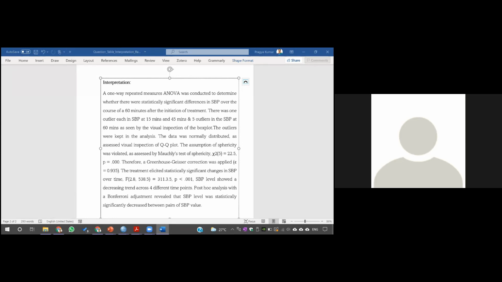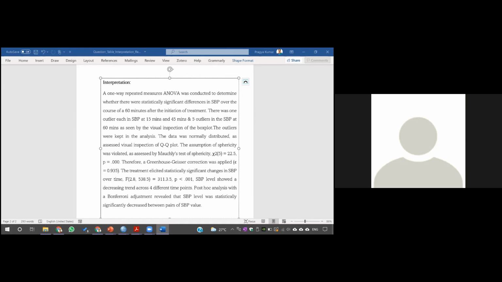There was one outlier each in SBP at 15 minutes and 45 minutes, and 5 outliers in the SBP at 60 minutes, as seen by visual inspection of the box plot. The outliers were kept in the analysis.